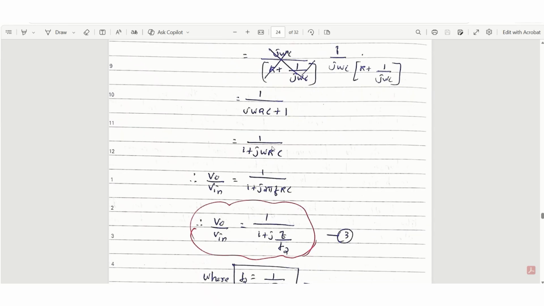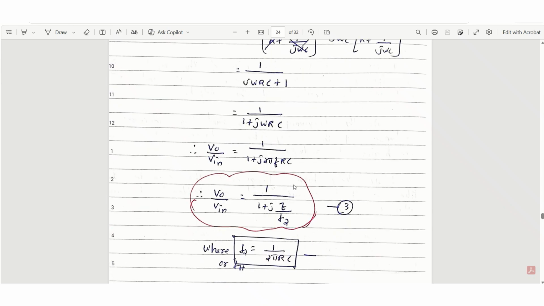Here also omega is the angular frequency, omega equal to 2 pi f. So gain becomes V0 by Vin equal to 1 divided by 1 plus j 2 pi f RC.